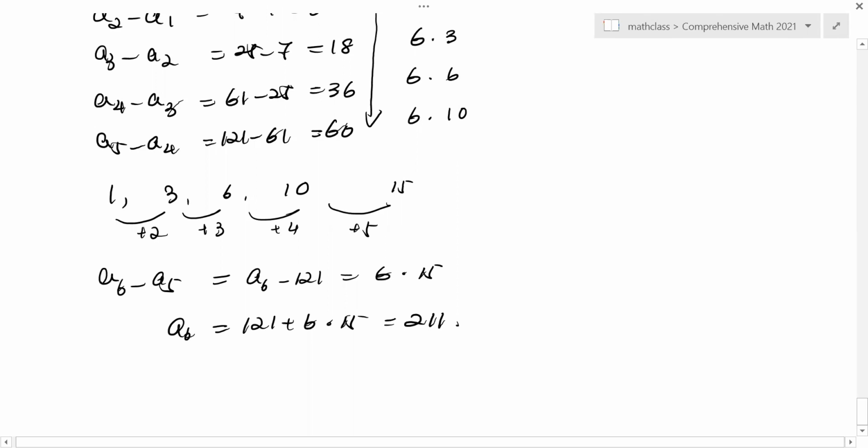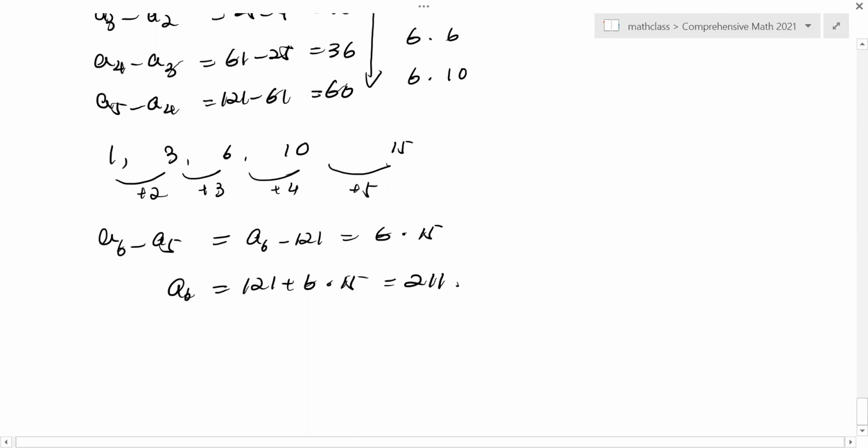Now, in order to find the nth term, we need to figure out the nth term in the above sequence, and that is difficult.